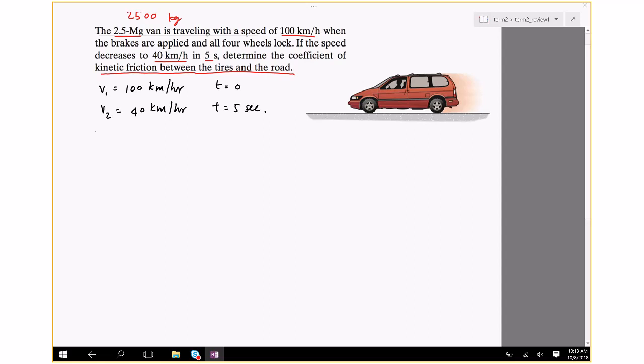So this is 3 from the sheet. So we can either use principle of impulse momentum, or we can use conservation of linear momentum.